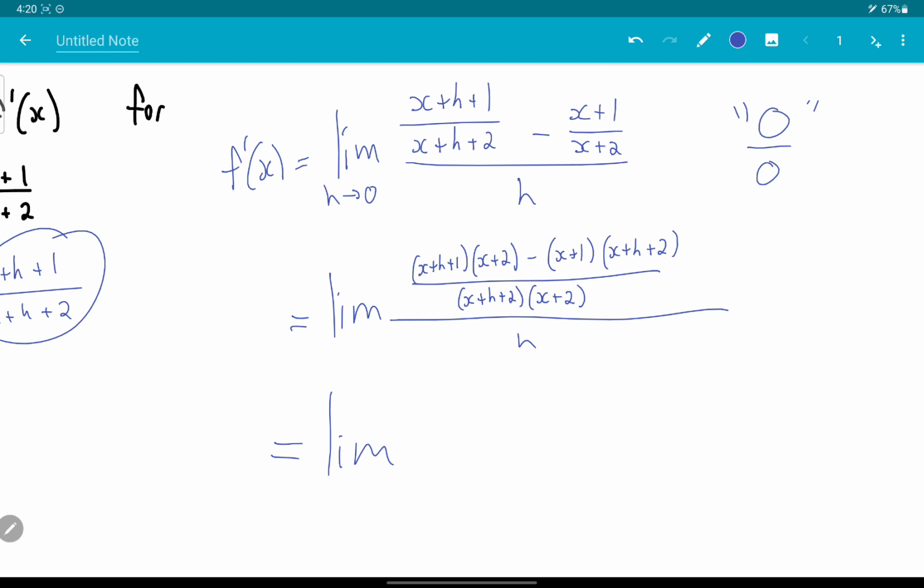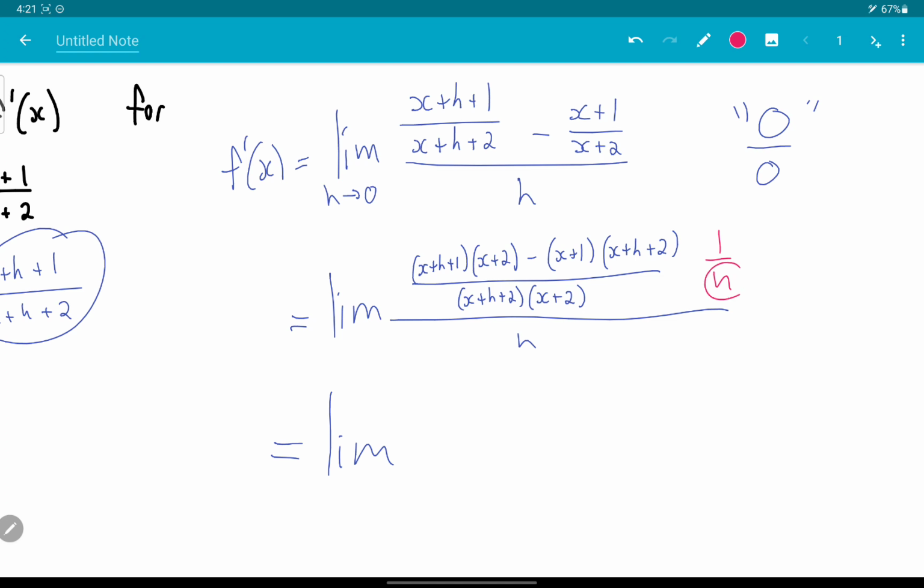So perhaps before I do that, I should take this h here, and what's going to happen? Well, I think of it as this h being h over 1. And then I have a fraction divided by a fraction. So what do you do? You flip and multiply. So I end up having 1 over h over here.